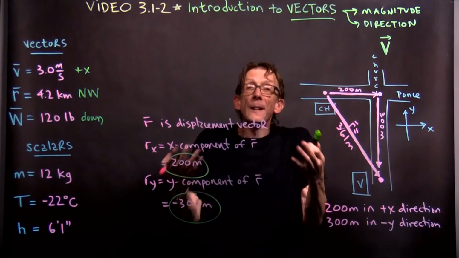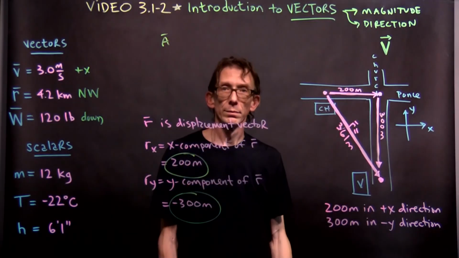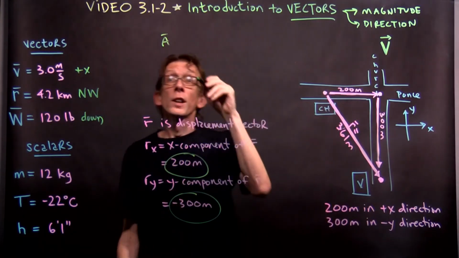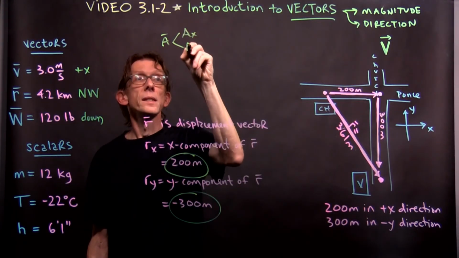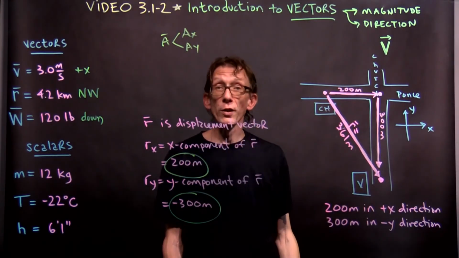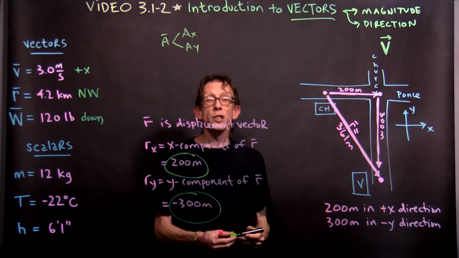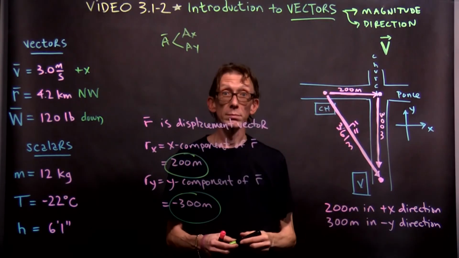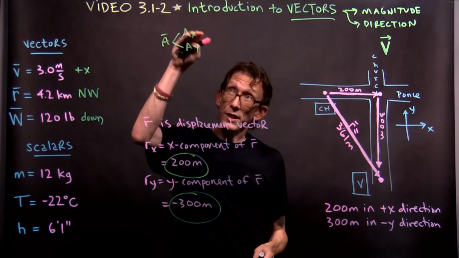And if we had a different vector, say a vector named A, then that vector has components A sub x and A sub y. We're not going to worry about the third dimension right now. There is a z as well, but we're going to skip that. So any vector has components x and y.